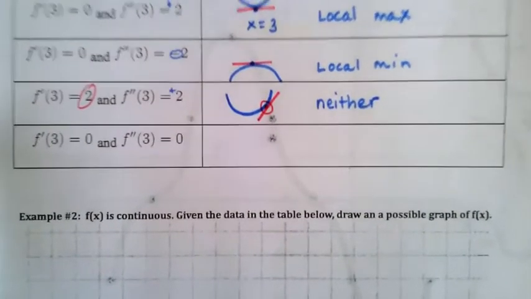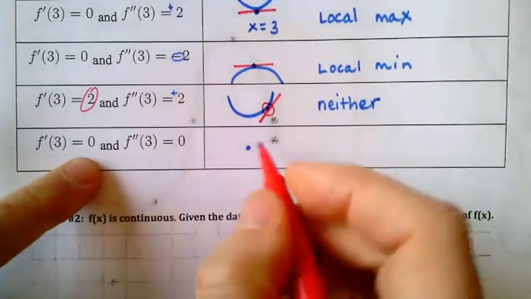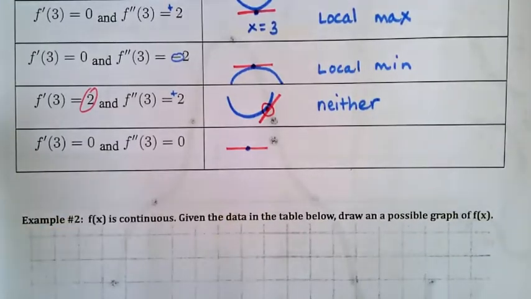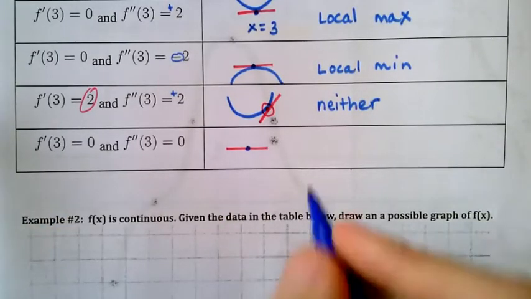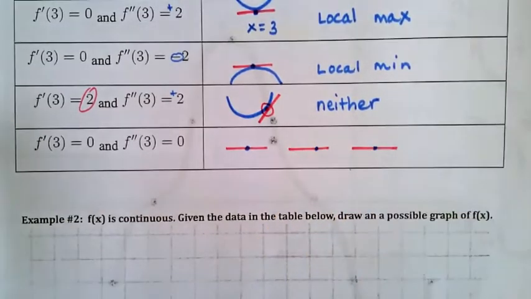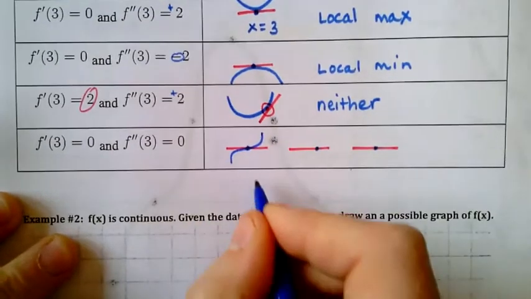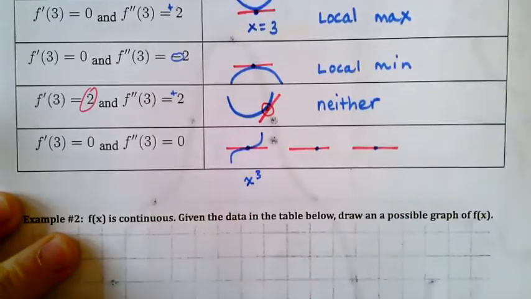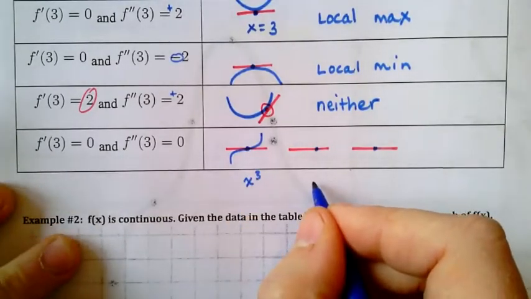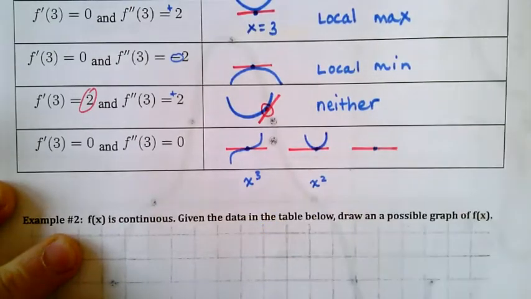Finally, this is the weird case. Let's suppose that the first derivative is 0, and that the second derivative is also 0. In that case, there's really 3 different things that can happen. You might have a situation that looks like this. It's a plateau. That's what would happen if you had, say, x cubed as your function. In this case, it would be neither. However, if it was something like x squared, it would look like this, and you would have a minimum.